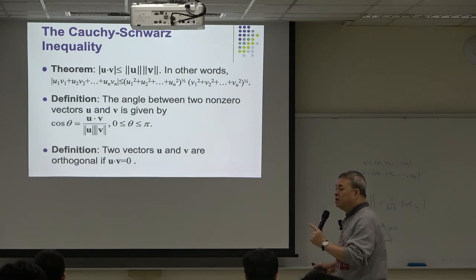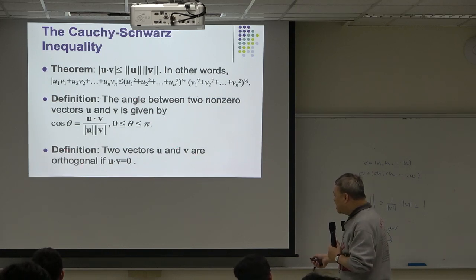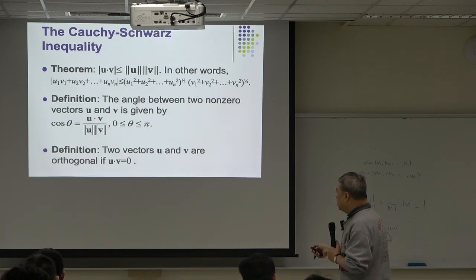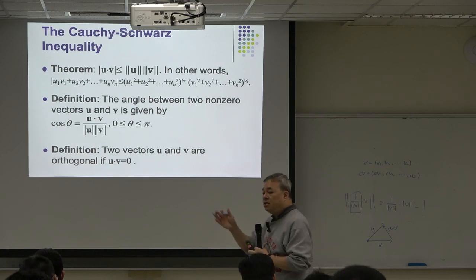So this is the definition. And two vectors u and v are orthogonal if u dot v equals 0. In other words, if u dot v is 0, the cosine theta is 0, which means it's a 90 degree angle, right?